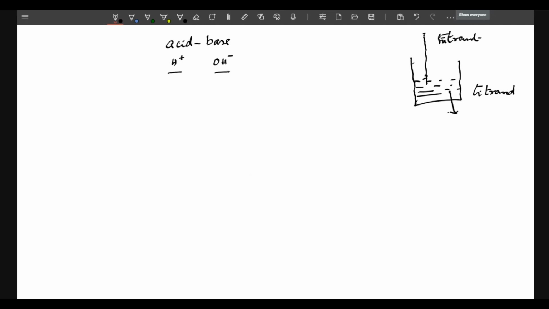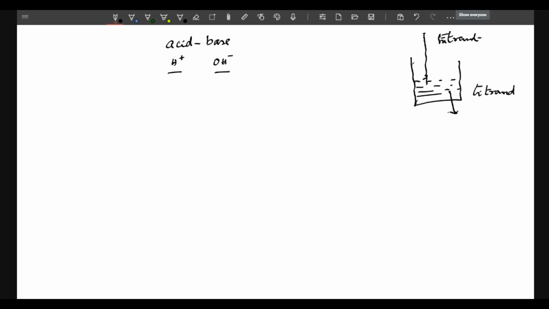Of these two, the conductivity of H plus ion is extremely large because it stands first in the conductivity tabulation. Though its charge density is higher, it stands first. Why? For that, you seek the help of the book.